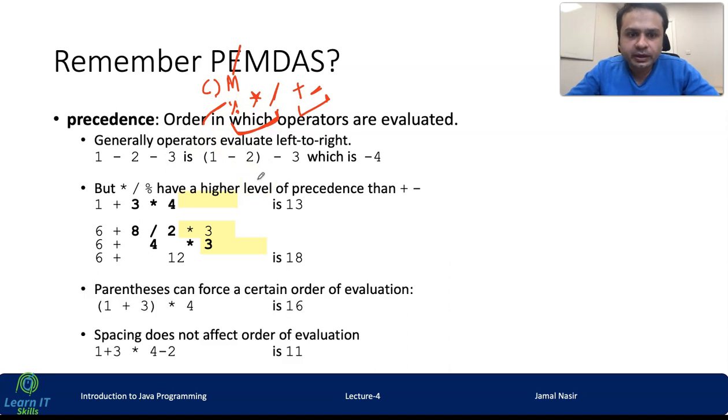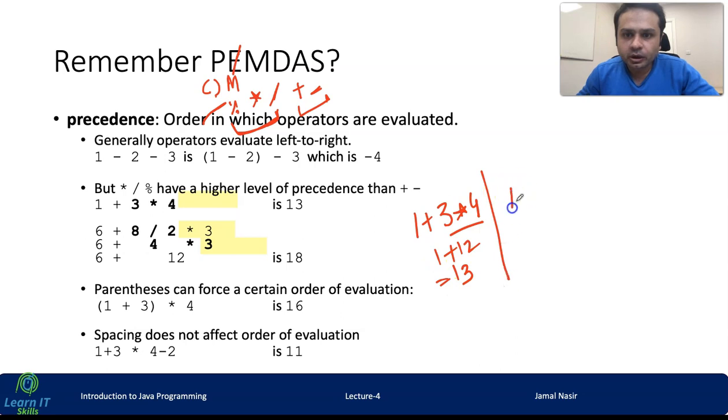Parentheses can force a certain order of evaluation. If we have 1 plus 3 times 4, simple, right? In terms of PEMDAS, this would be 12, and 1 plus 12 is 13, right?